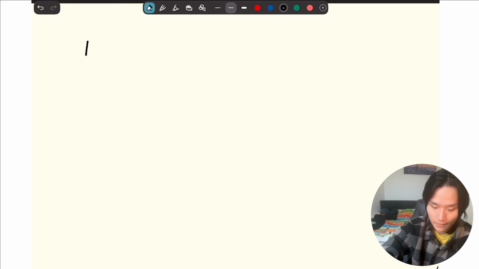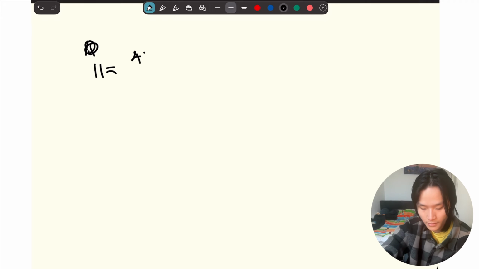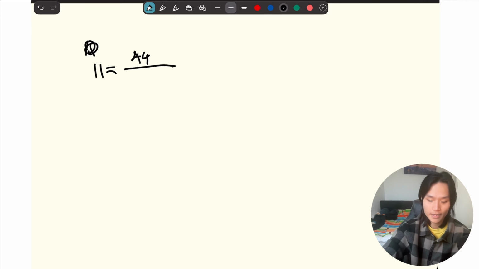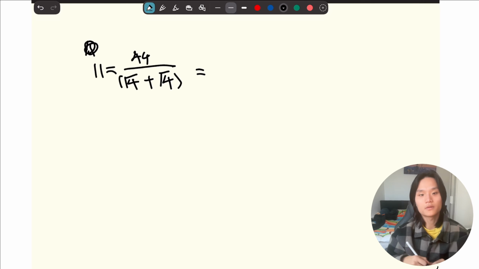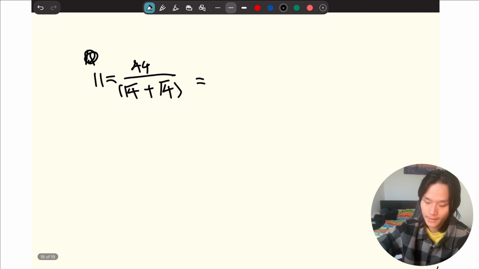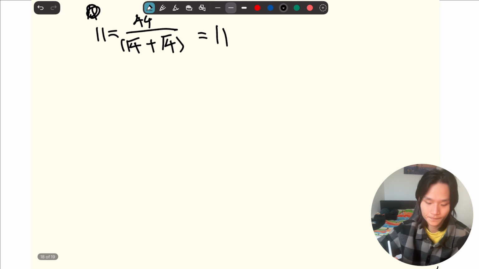So for 11, we have 44 divided by the square root of 4 plus the square root of 4. The square root of 4 is 2, so 2 plus 2 is 4. 44 divided by 4, that is 11.